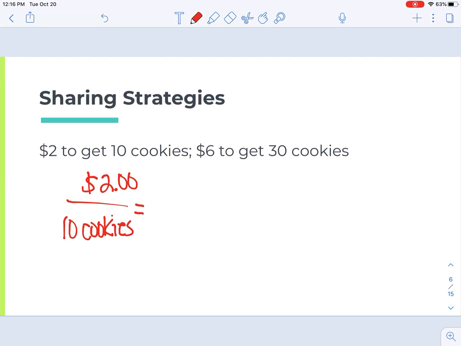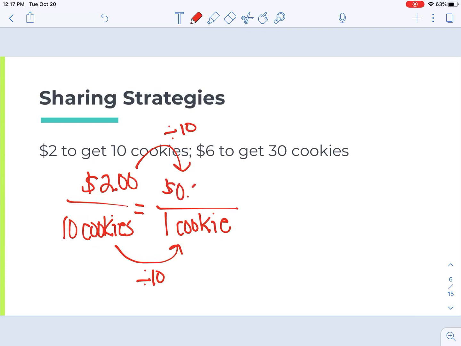It might make more sense if I write it out like this. If I want to know how much one cookie is, I'm taking my money and dividing by my cookies, or dividing by 10. $2 divided by 10 is 20 cents. So over there at that store, it's 20 cents for a cookie.